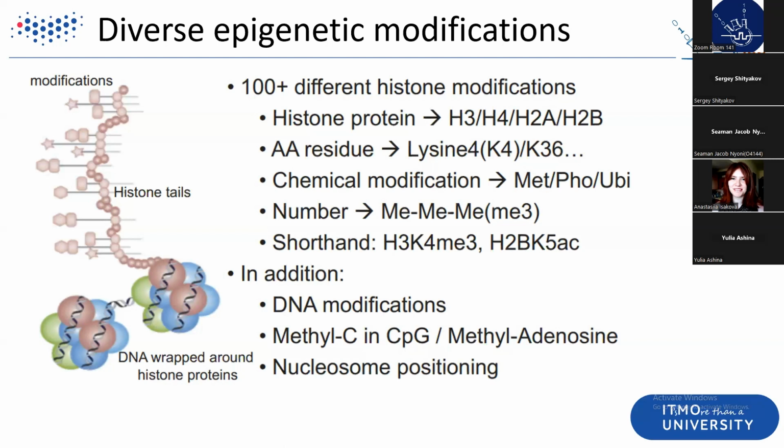And then one could also upscale this profiling to see which genes are overexpressed and which proteins might be mutated in a cancer, and one could find some correlation between these processes.